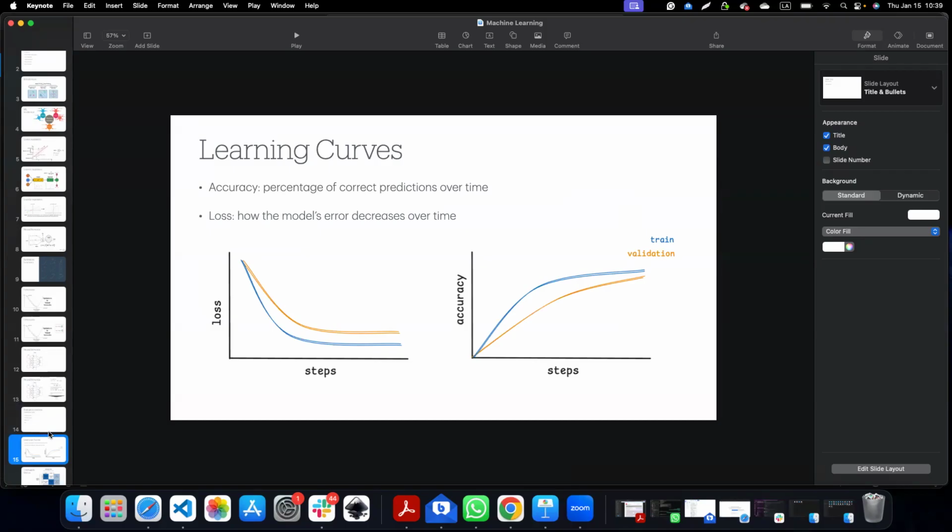So the idea is that you minimize the loss, as we were saying before, and the accuracy needs to go up. So one way that you can diagnose your model is just to plot the learning curves, and you can see if the loss is going down or if the accuracy is going up. If this is not happening, then something is wrong. And also we are plotting for both cases, for the training and for the validation.